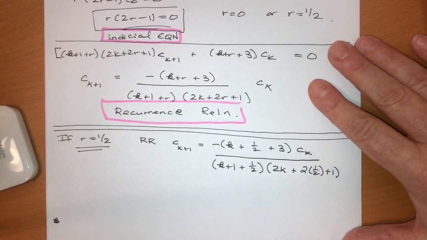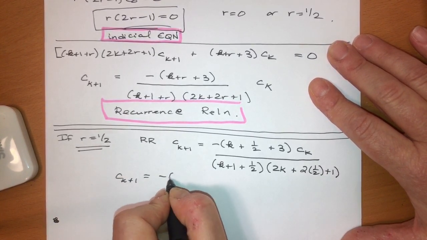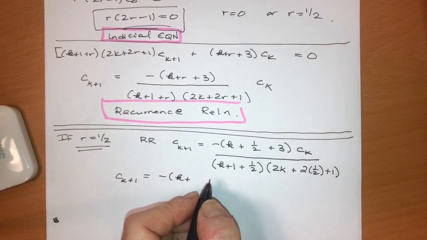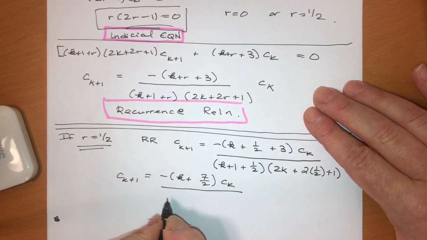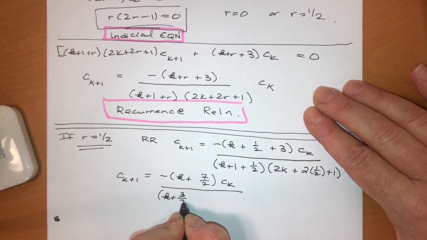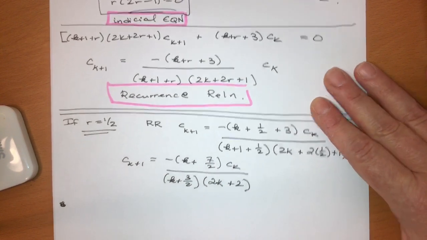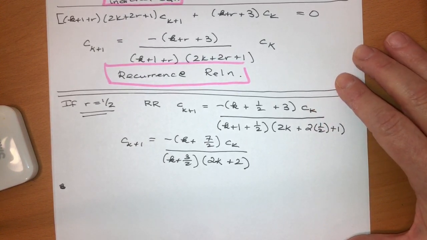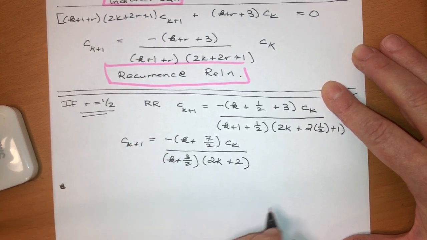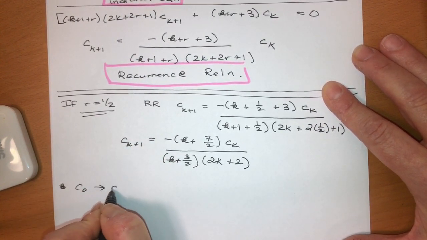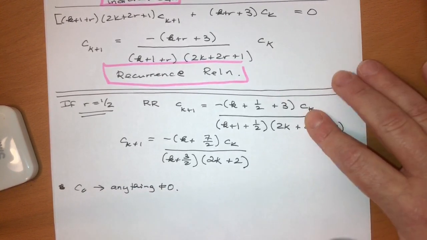this, which you can clean up a little bit. So C0 can be anything, as long as it's not equal to 0.